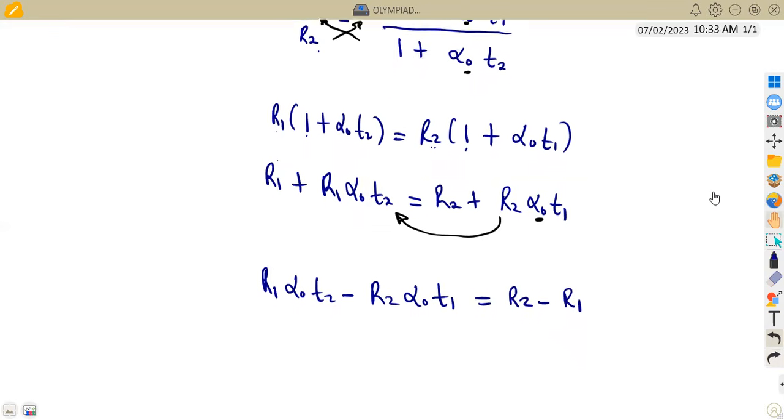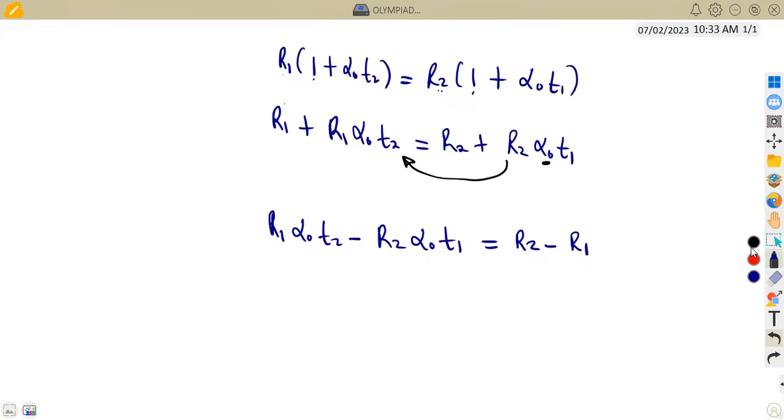Remember, what we need is to make this the subject. And from our mathematics, you know that if the term you want to make the subject appears in different terms, we are going to factor it out. So if we factor out this alpha naught, we are going to remain with R1 T2 minus R2 T1, which is equal to R2 minus R1.